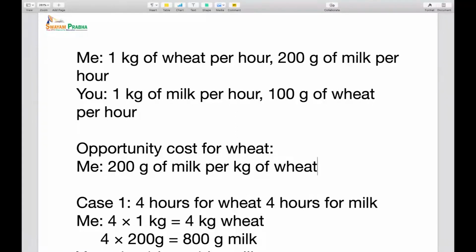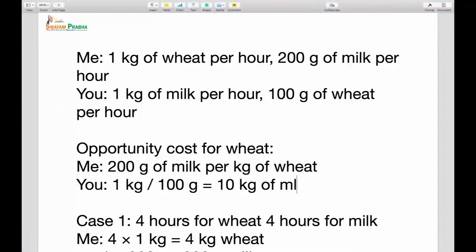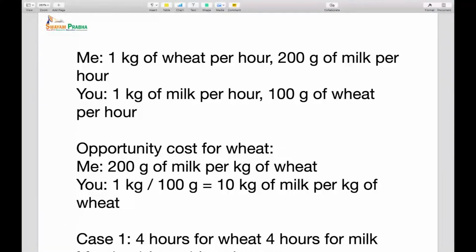So if I spend 1 hour to produce wheat, there will be 200 grams of milk that is less available for me. For you, the opportunity cost of wheat is 1 kg divided by 100 grams, which is 10 kg of milk per kg of wheat.